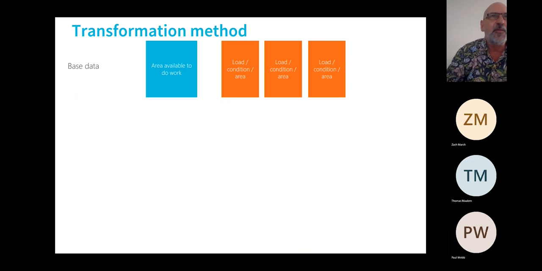So generally how this thing works, we've got some base data, some area available to do work, and then we've got the load condition, or in this case, the available area of the things that we might care about.